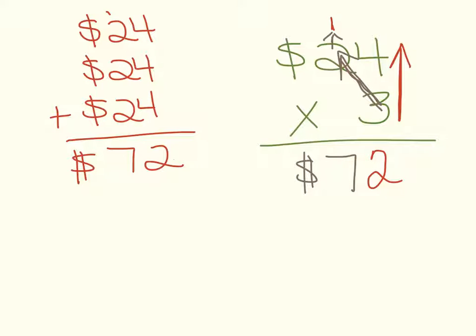Now, hopefully you remembered that when you did the 3 times the 2, do you remember what you're actually saying? Hopefully right away you said, wait a minute, I'm not actually saying 3 times 2, I'm actually saying 3 times 20, which would be 60, and that 1 up there isn't really a 1, it's a 10, because we carried over a 10 in our answer of 12.